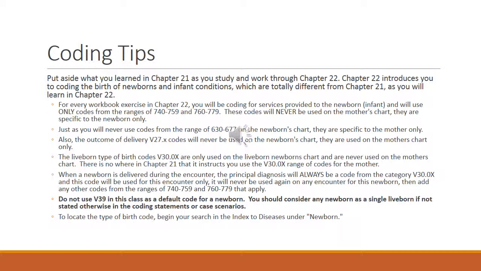Now, do not use V39 in this class as a default code for a newborn. You should consider any newborn as a single live-born if not stated otherwise in the coding statements or case scenarios. To locate the type of birth code, begin your search in the index to diseases under newborn.